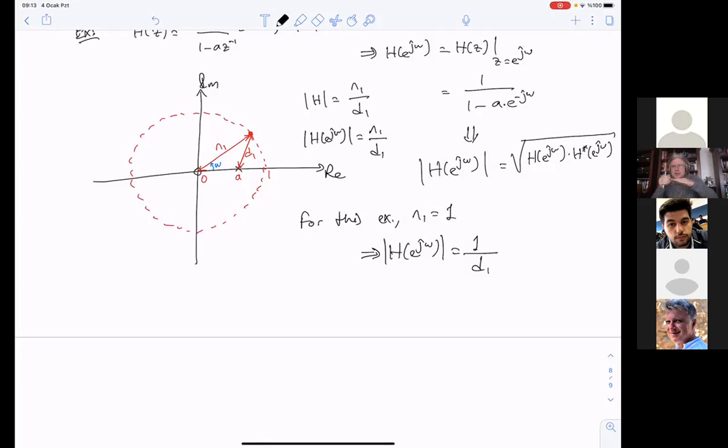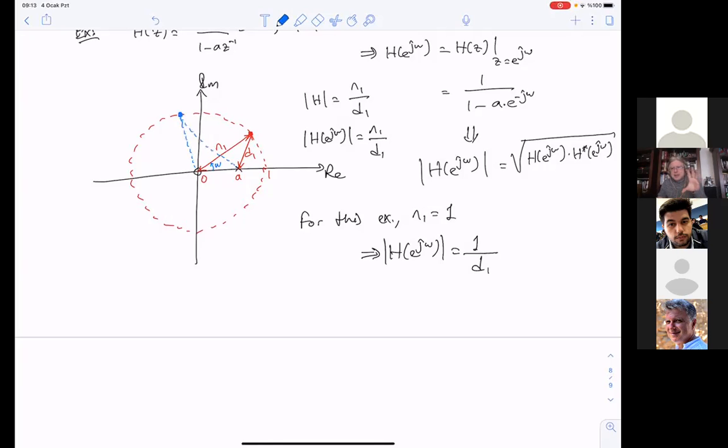And then if you increase the frequency, for example, if you come to this frequency, then the distance from the pole will be larger and larger, whereas the distance from the zero will always be equal to 1.